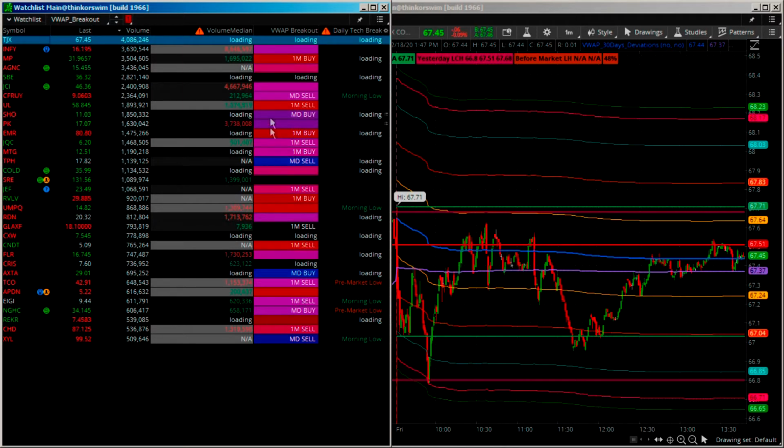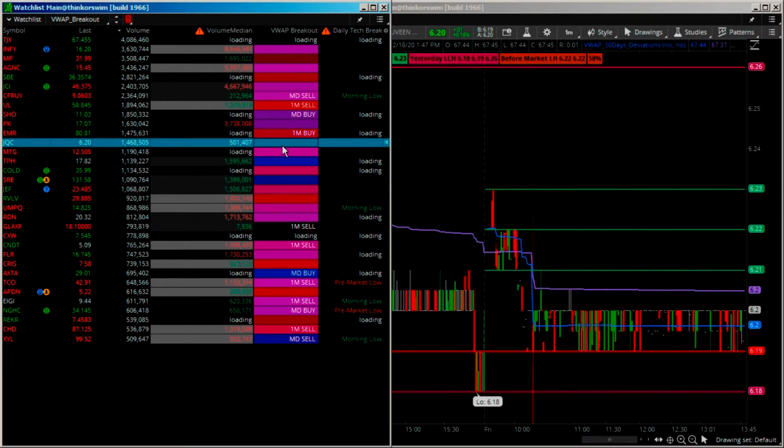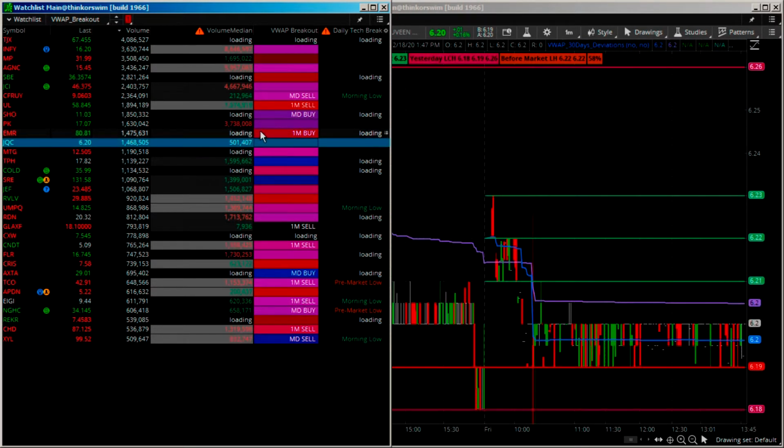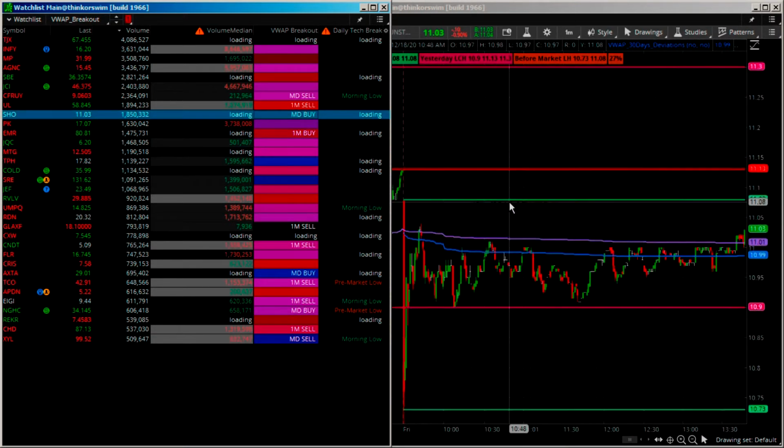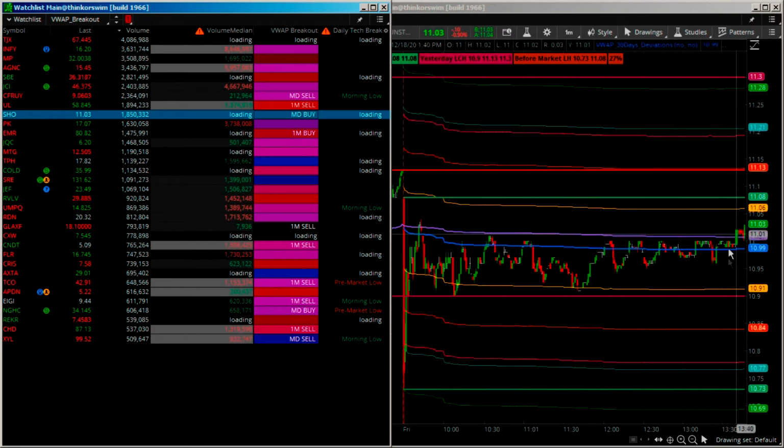The colors indicate how close we are to either VWAPs. Blue is multi-day, red is VWAP, the 1 minute, and purple means we're close to both of them. So SHO is a $11 stock, and both VWAPs are within 2 cents of it, so that's why we have it as purple on the indicator.